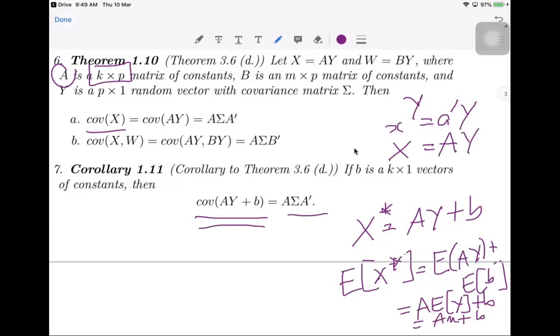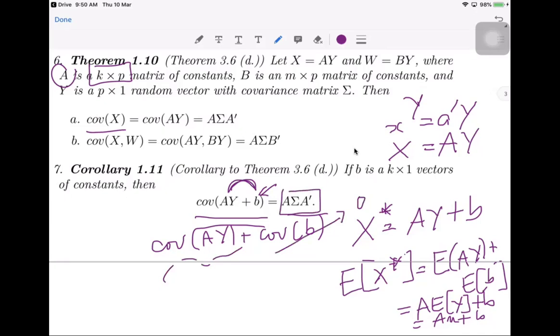So what happens here is that it splits into the covariance of A y plus the covariance of b. You can do this if we are sure that A y and the constant b are independent. But since this is just a constant, you can do this. The variance of a constant is just 0. That's why the covariance of A y plus b is just A sigma A prime.